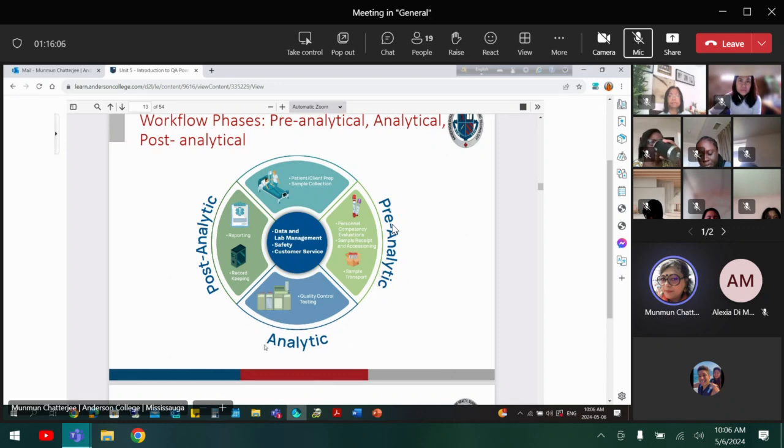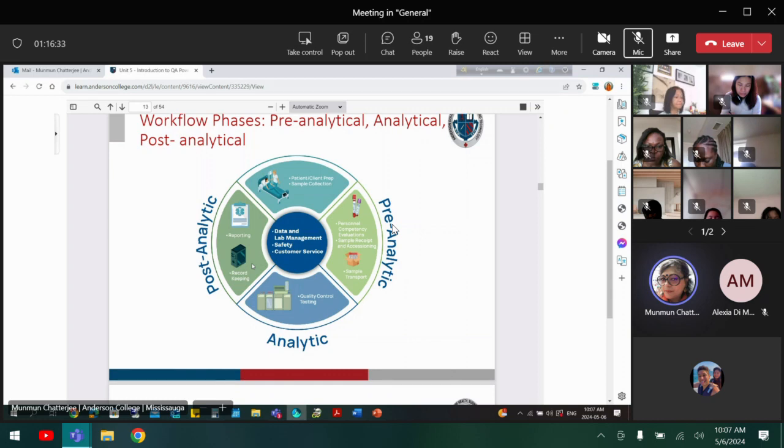And then in the analytical phase comes quality control testing. After quality control testing, they are going to do the patient sampling, and from there it generates the data. And post-analytical, you are reporting and record keeping. Any sample, you have to save something.